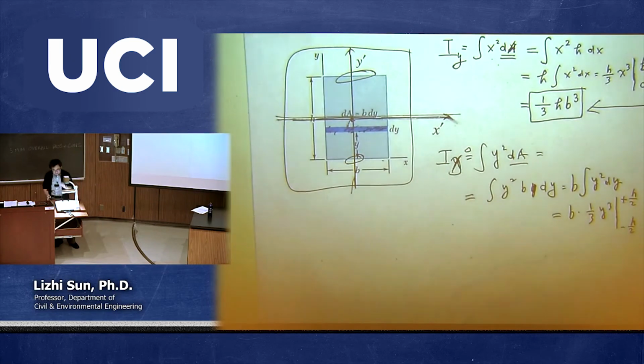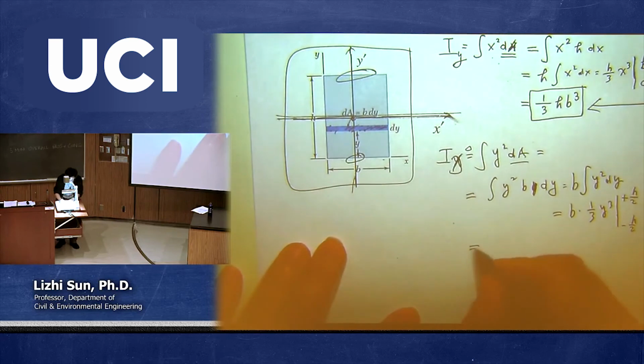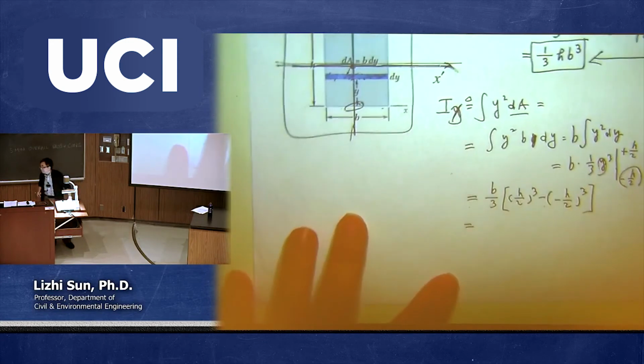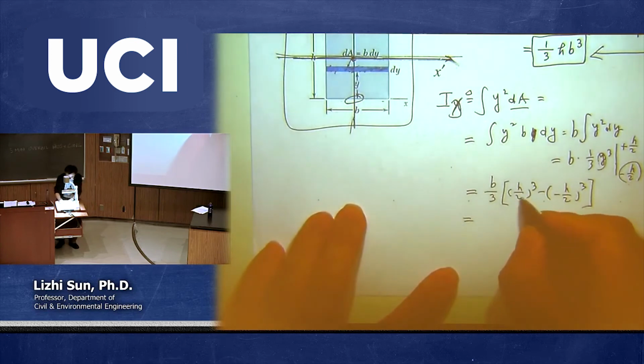Just because the lower bound and upper bound changed, the result is different. So let's plug in: b over 3, upper bound of y is half h cubed minus lower bound of y which is negative half h cubed. And you do the simple math. So finally, that's going to be h cubed over 8.